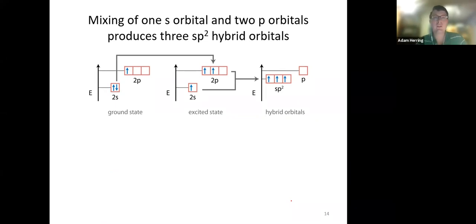So we can imagine a similar process, an excitation of lower energy electrons up to the higher orbital, a mixing of those orbitals to form hybrids that are equal to each other. And note that in this case, we only mixed 3 orbitals, so we have 1 orbital that is left over.